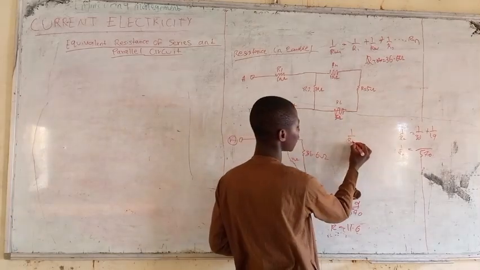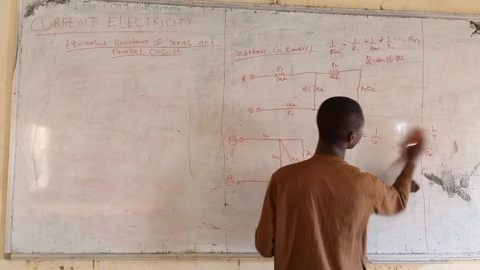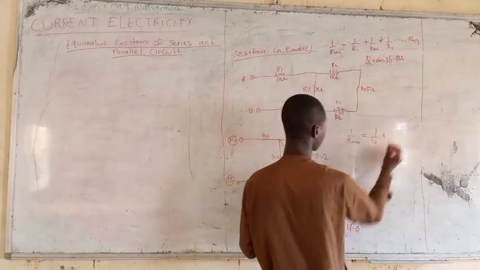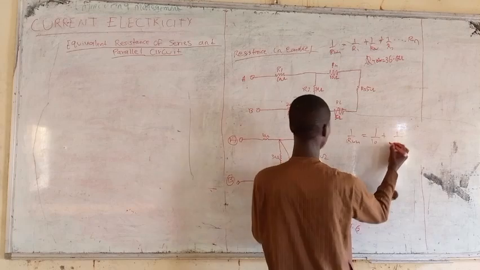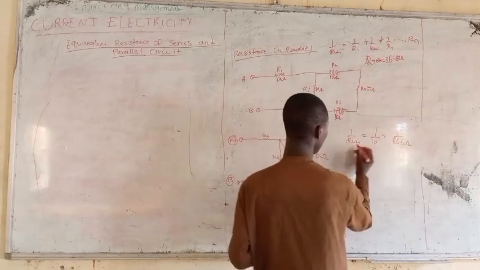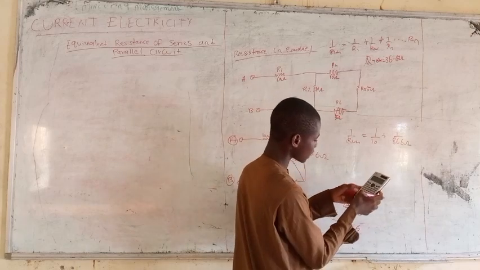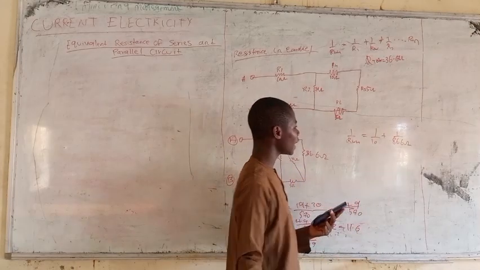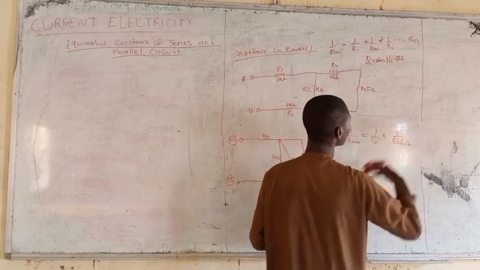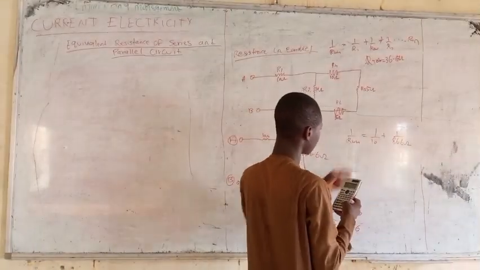Let's say 1 over R is equal to 1 over 10 plus 1 over 86.6 ohm. Okay, we have to find the LCM between them, the common factor.